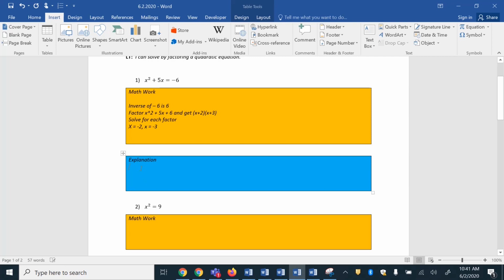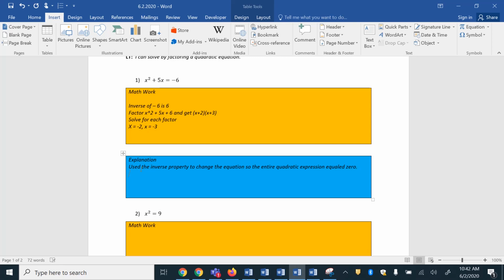Explanation. Well, you're going to say, well, isn't this an explanation, Mr. Pilcher? Sort of. So remember, we used the inverse property to change the equation. So the entire quadratic expression equaled 0, right?